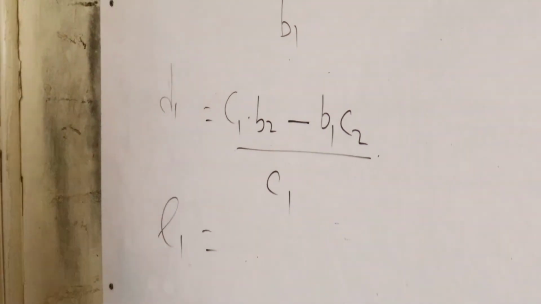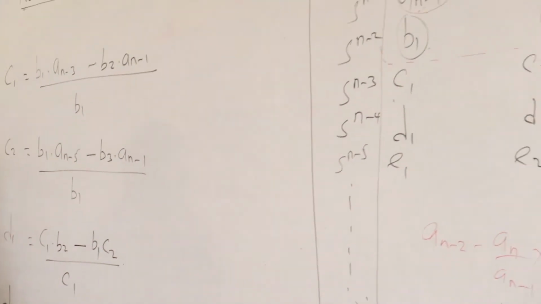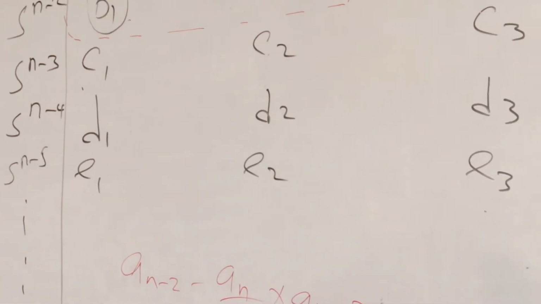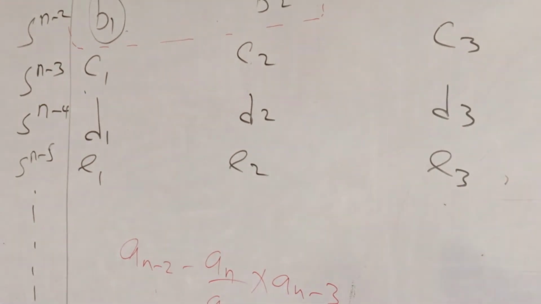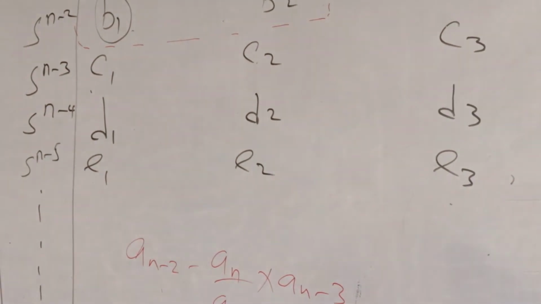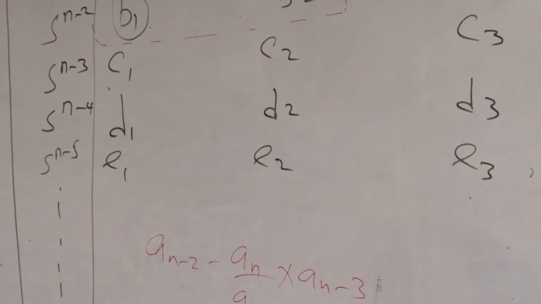Then D2 is C1, B3, B1, C3 all over C1. Then we can get E1, and then from there we can see if we can do an example.